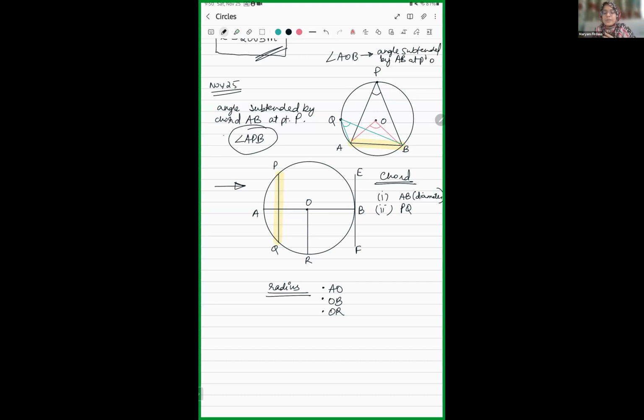Similarly, Riyaz, can you tell me the name of the angle subtended by AB at point Q? Riyaz. Yes, Riyaz.